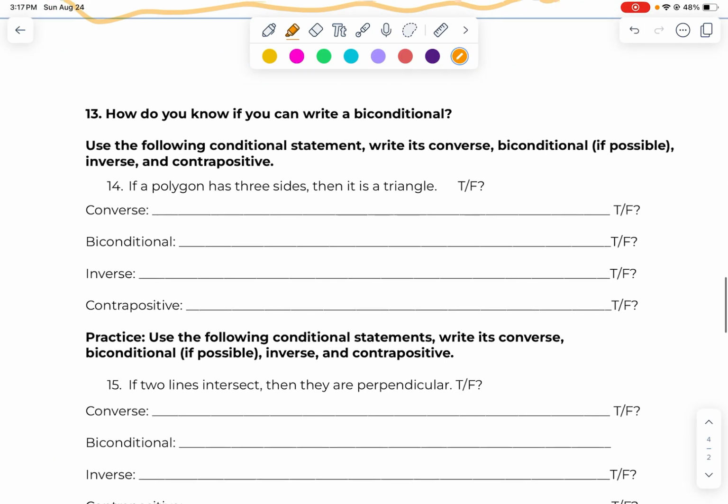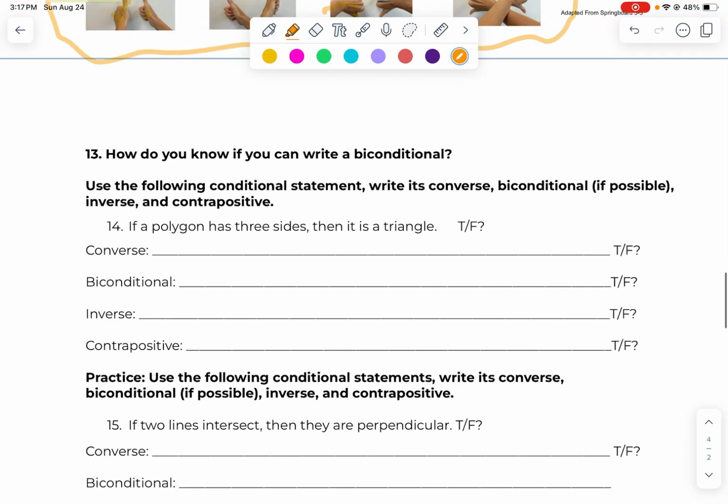All right, now we do have a third page. So let's go ahead and go there. How do you know if you can write a biconditional? So I want you to take a moment, reference back in your notes, either the front or the back page that we just did. How do we know?